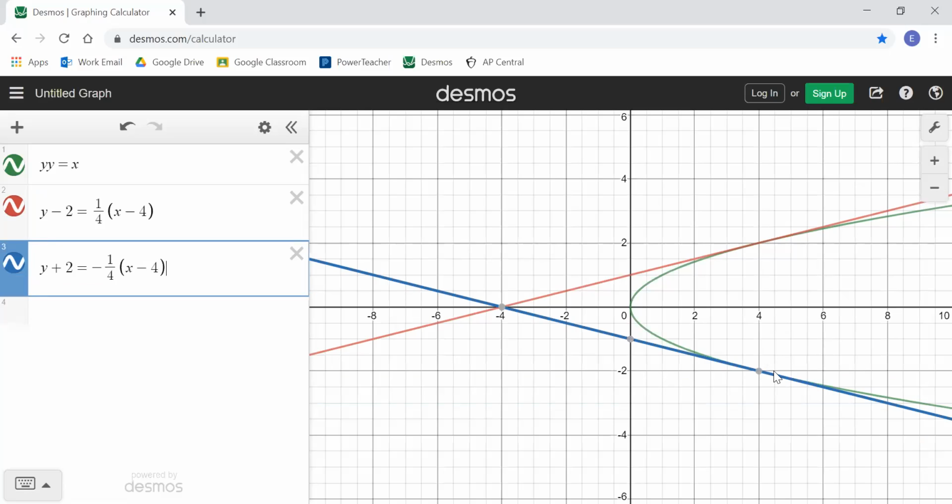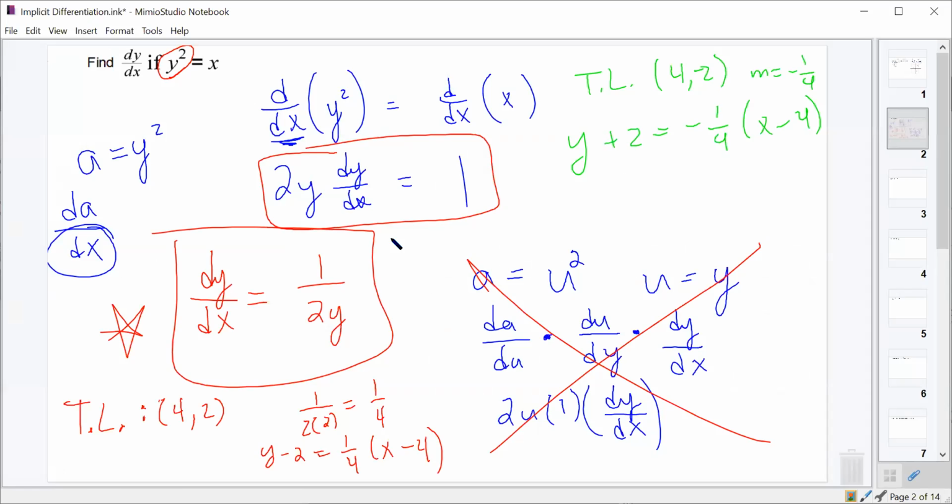And so it should work for any point on this entire parabola, not just the upper half or the lower half, like it would have if we'd solved it for y. Everybody good there or no? Yeah. Cool.